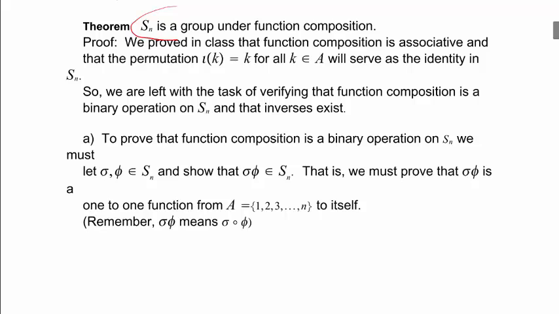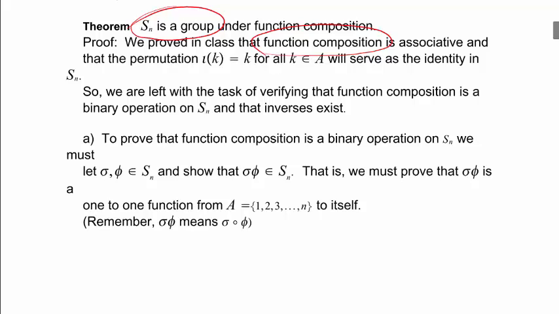Remember, the elements of Sn are the mappings. So the operation will be function composition. We know that function composition is associative. We know that the identity mapping would be the map from A to A that sends each element to itself. So really all we have to do is show that if sigma and phi are in Sn, then so is sigma phi.